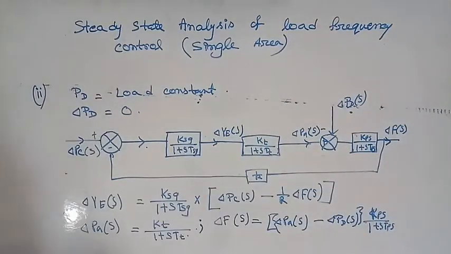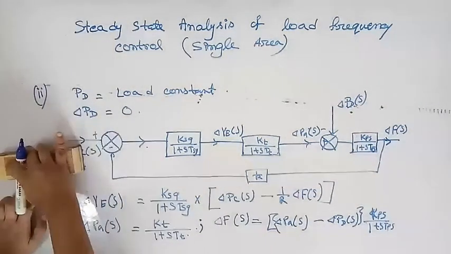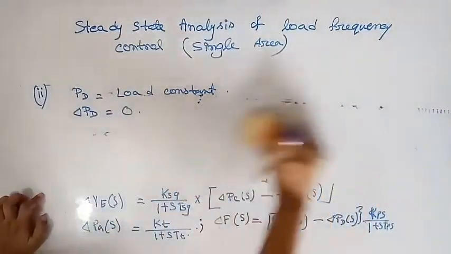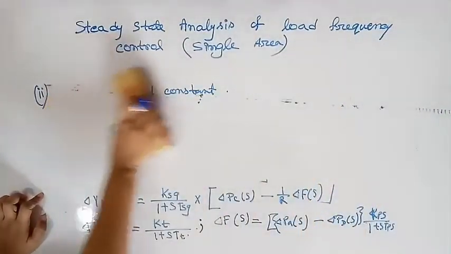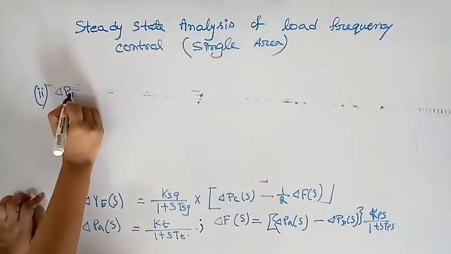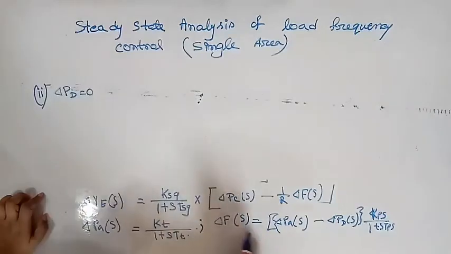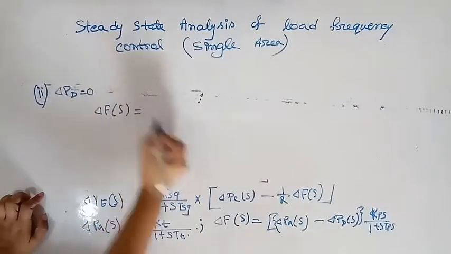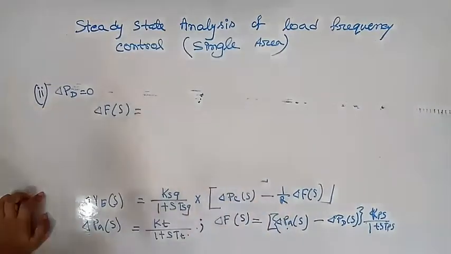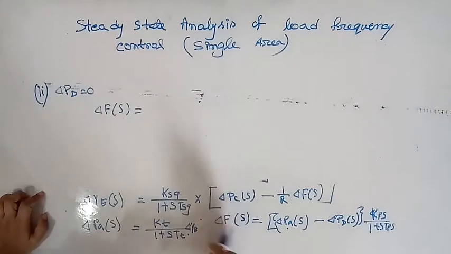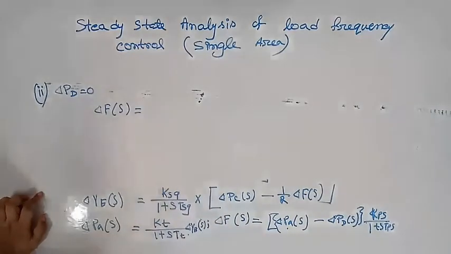Okay, now delta F of S is equal to delta PGS minus delta PDS into KPS by 1 plus S TPS.